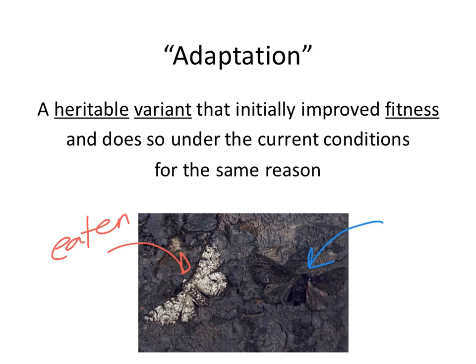Adaptation, whenever we use the term adaptation, that means we're talking about a change that's useful now for the same reason it was when it evolved. You'll hear a lot of evolutionary biologists talk a lot about adaptations. So let's see, a lot of you wear glasses. Here's a great example of an adaptation, right?